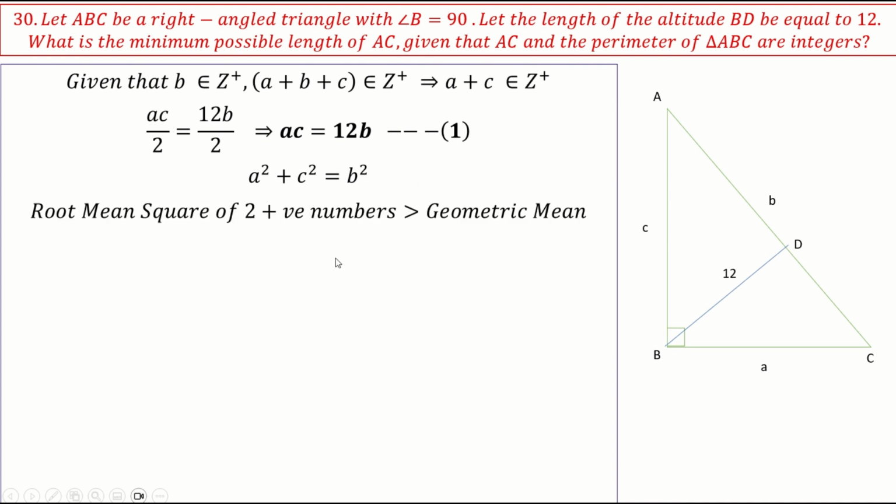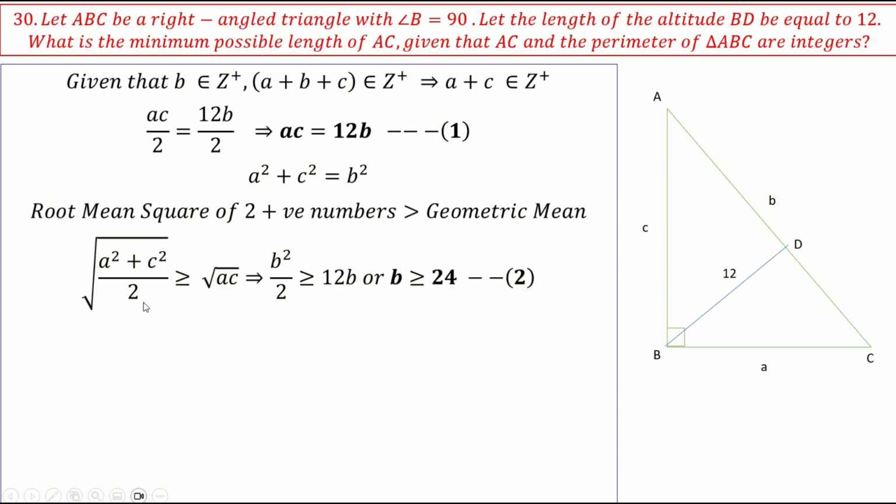Now, another thing you should know is that the root mean square of two positive numbers is greater than or equal to the geometric mean. Actually, it will be greater than or equal to. What does this mean? If A and C are the two numbers, A square and C square are the two numbers.